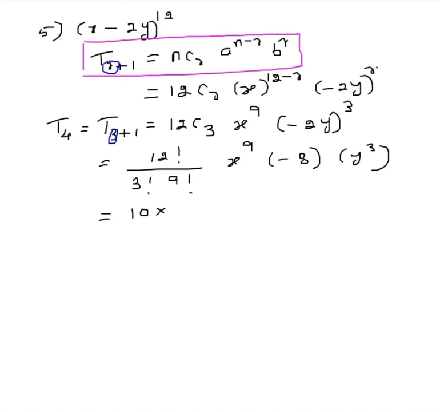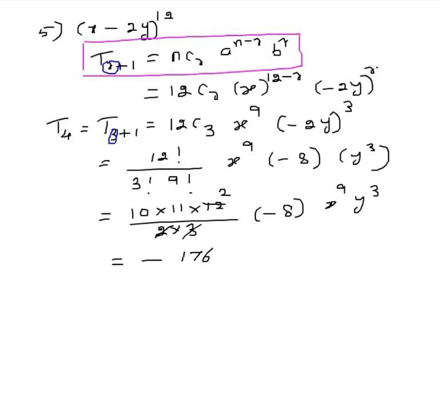Cancel 9 factorial, 10, 11, 12 over 3 factorial is 2 times 3, times minus 8, x raised to 9, y raised to 3. 110 times 16 is 1760. Therefore, the answer is minus 1760 x raised to 9 times y cube.